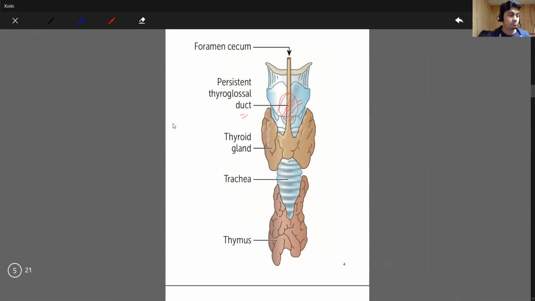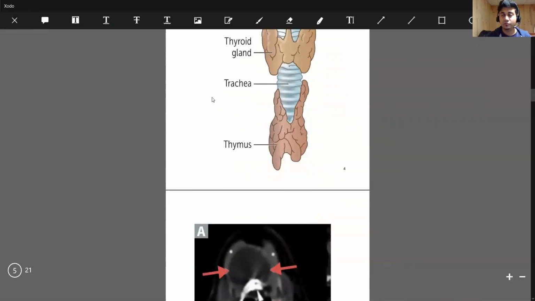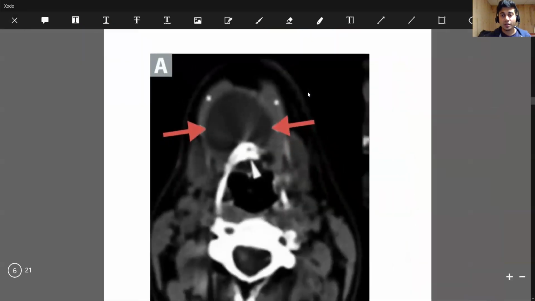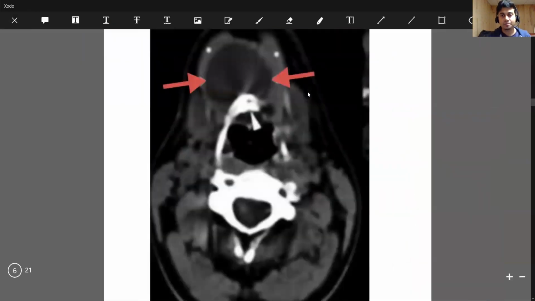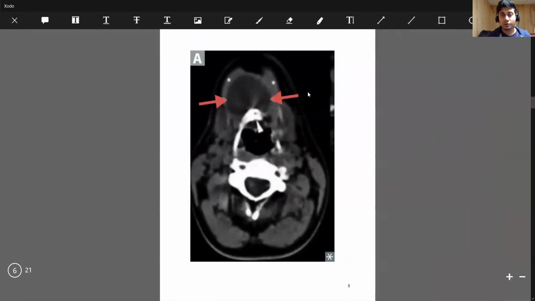A cyst is an abnormal collection of fluid surrounded by a membrane, and as this thyroglossal duct can enlarge and appear as a cyst, your thyroid gland is here, and the thymus in the very bottom part of this picture. The thymus is the place where the T cell, or T lymphocyte, gets educated, right? Now, here is an image of the thyroglossal duct cyst, and here you can see a fluid-filled space in the front of the neck.